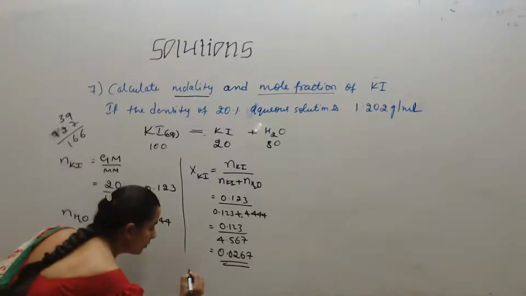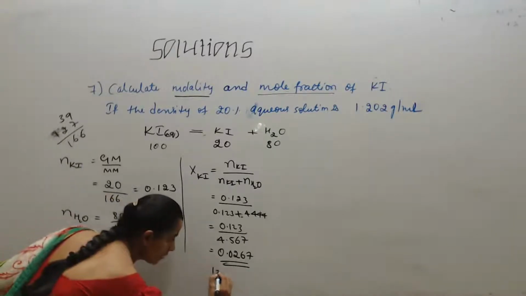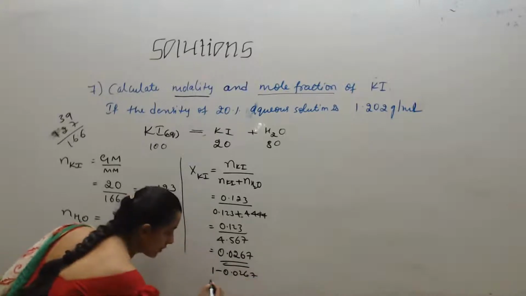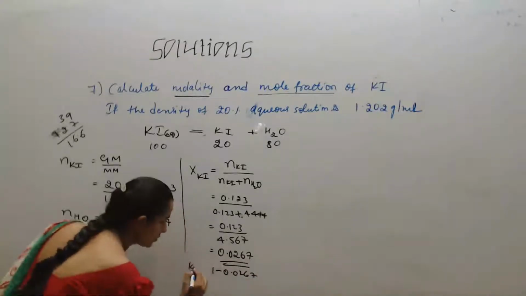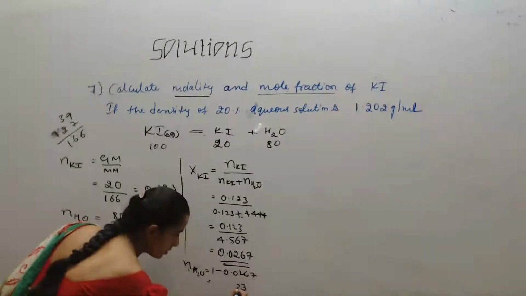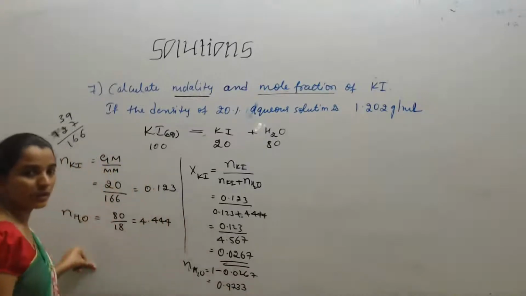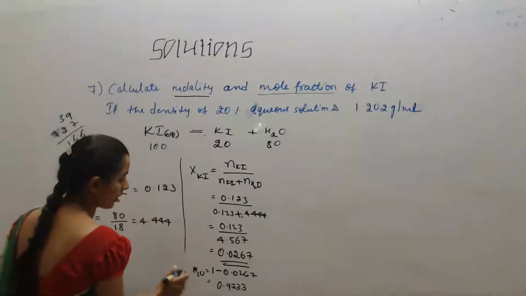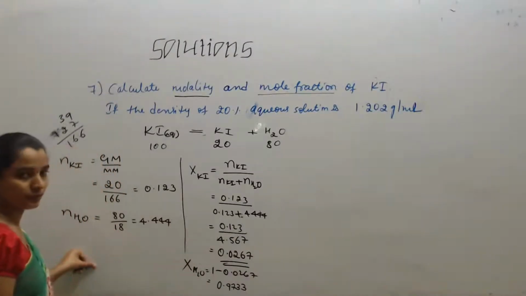Okay, so if you subtract this value from 1, you get the mole fraction of H2O. How much? This is 3, this is 3, this is 7, 9. 0.9733 is the mole fraction of H2O.